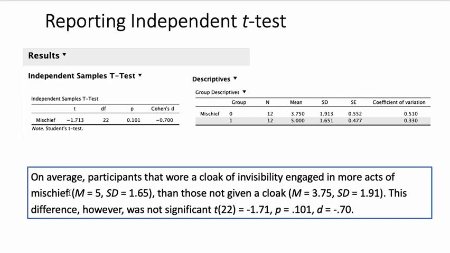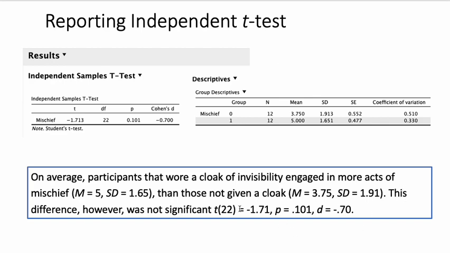So you just put the mean and standard deviation in parentheses next to whichever group, wherever you refer to that group in the sentence. So those who wore a cloak, that's where you're going to put that there. And you make sure that the statistical symbols are italicized. So M is italicized and standard deviation is italicized.